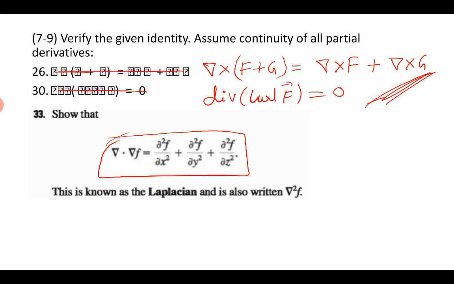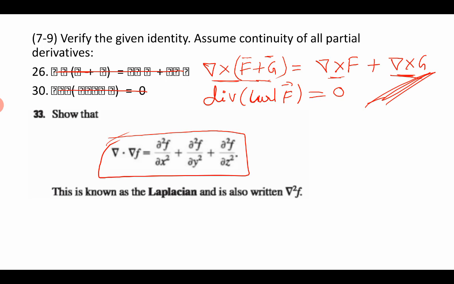We can check whether these results hold, and we don't need to prove them right now. F and g are two different vectors. When you add them first and then take curl, it is equal to finding curl for every function and then adding them. That's the first one.